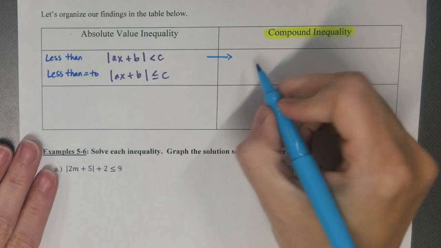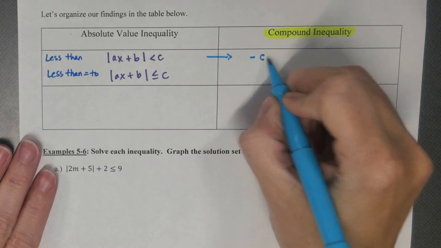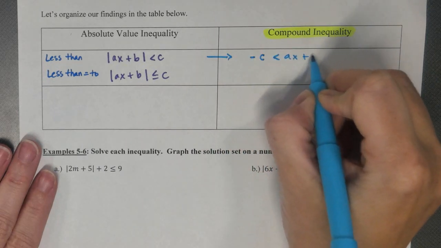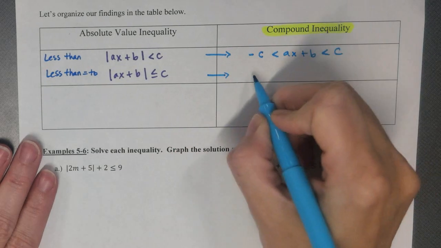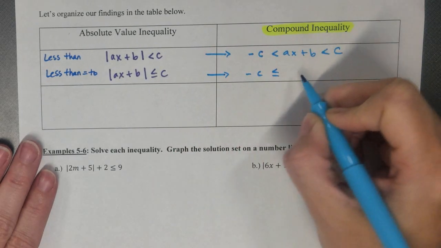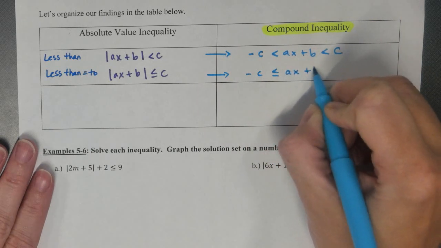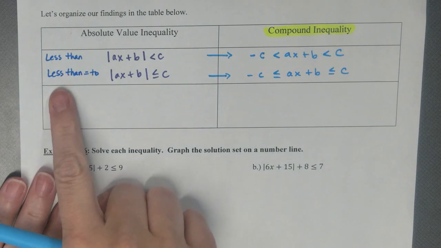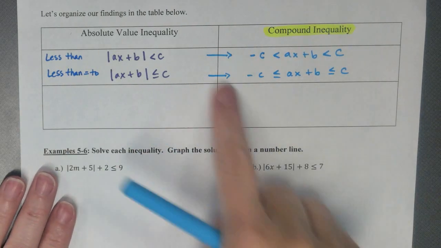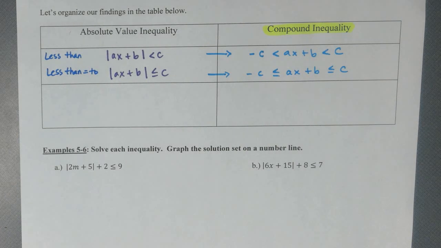For the first case, it would be the opposite of c is less than ax plus b, which is less than c. The only difference is you have the equal to with it. So if you have less than, you're going to have one big compound inequality.